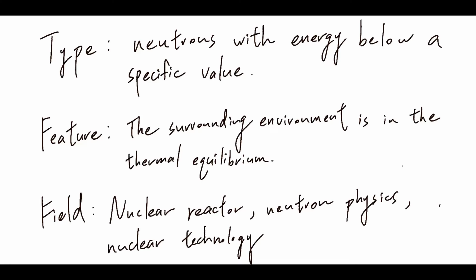The moderator is some substance that contains light elements and absorbs few neutrons, such as heavy water, beryllium, graphite, water, etc. Thermal neutron reactors generally arrange fuel components in moderators and form reactor cores.